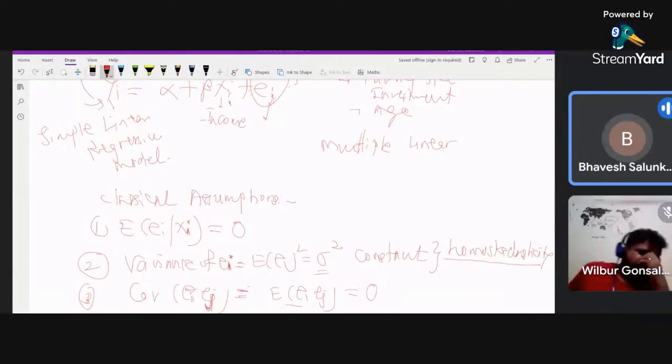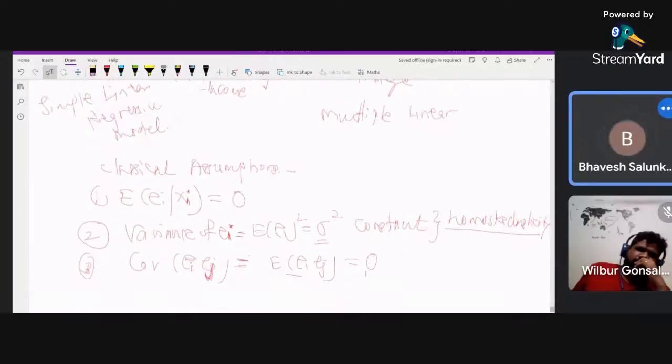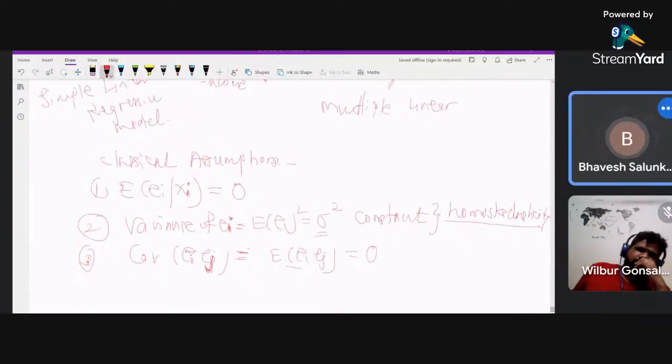So the error terms are not correlated with their past values as well as future values. When we impose this assumption that the covariance between error terms ei and ej is equal to 0, it is called the assumption of no autocorrelation.